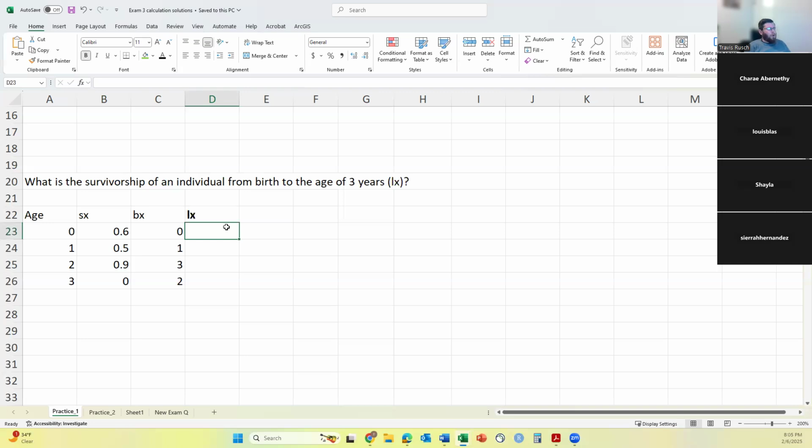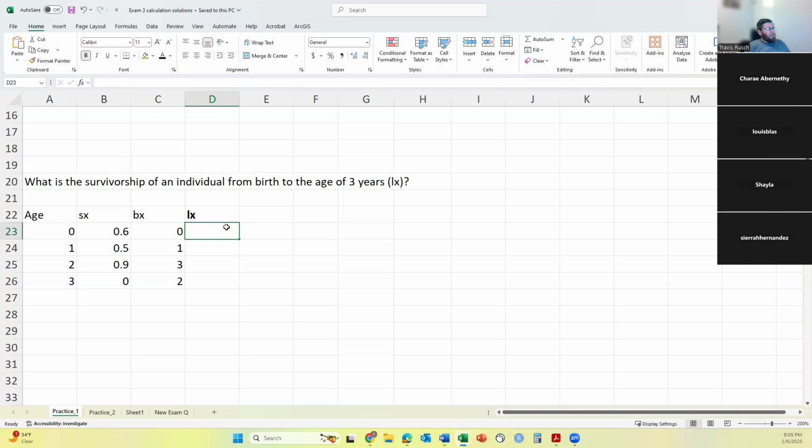What's one thing that we know about the L of X1 that's always consistent? That it's 0? Not 0, because this is survivorship, right?